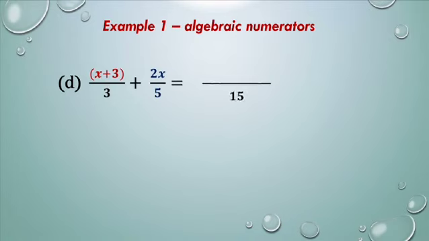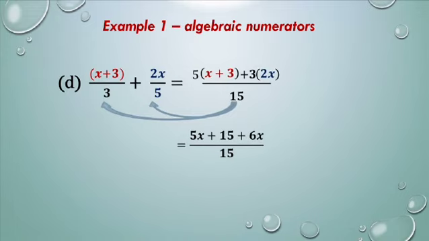Now 15 divided by 3 gives me 5. 5 times the numerator of the first term, which is x plus 3, plus 15 divided by 5, 3. 3 times the numerator of the second term, which is 2x. Now I need to expand the first bracket.